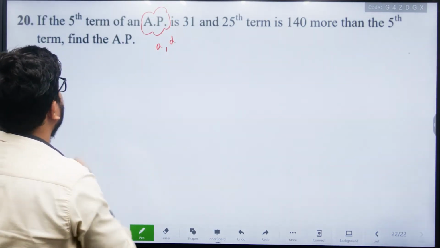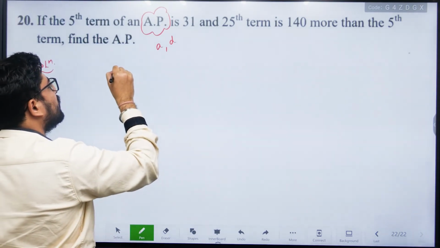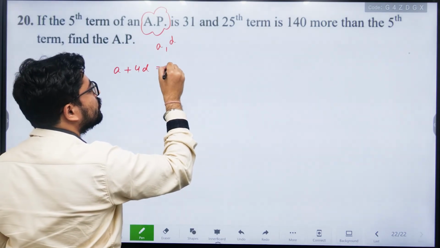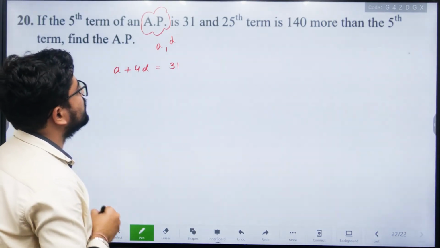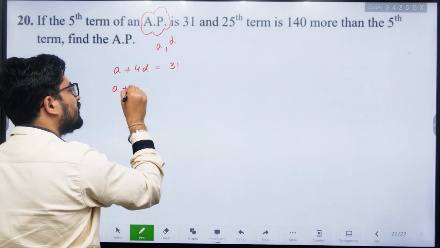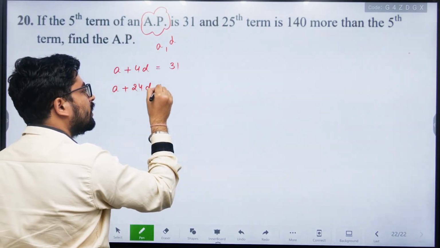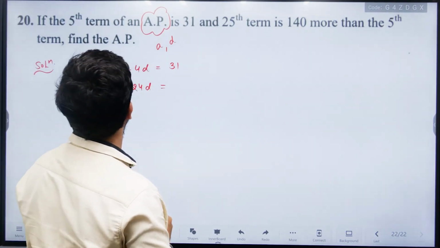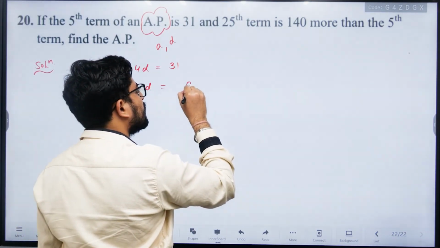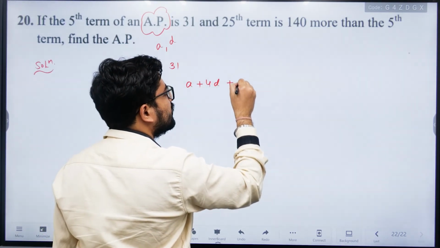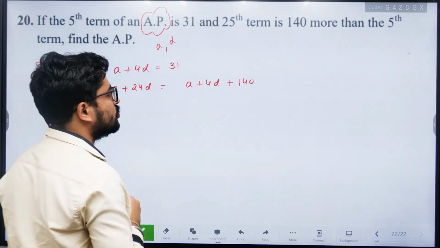The fifth term means a plus 4d, which is equal to 31. The 25th term is a plus 24d, which is 140 more than the fifth term.